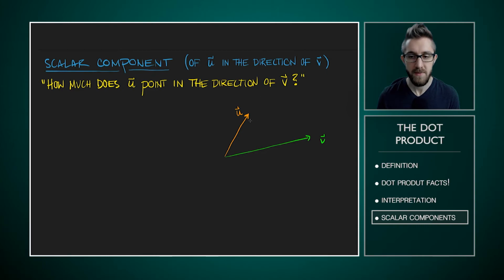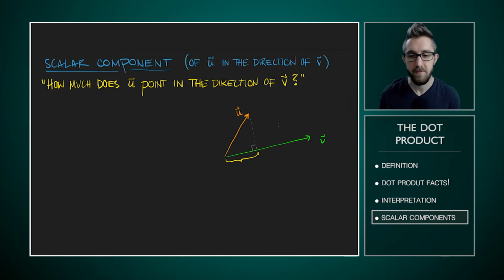And the way that we measure that is with a distance, by drawing a little dotted line from the tip of u that hits the vector v at a right angle. And so the way that we'll answer this question is by trying to figure out what this distance is, because it's sort of the degree to which this orange vector is pointing in the direction of the green vector.